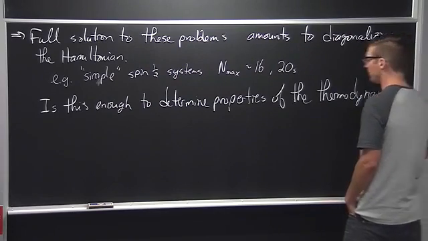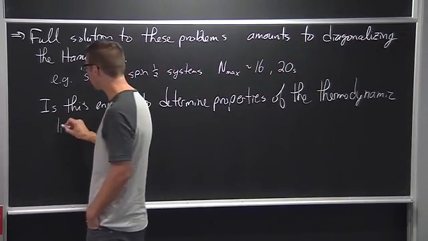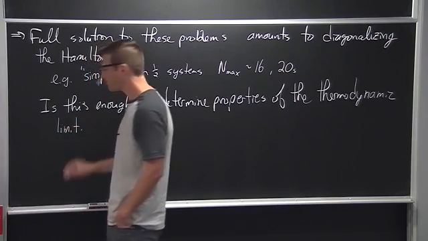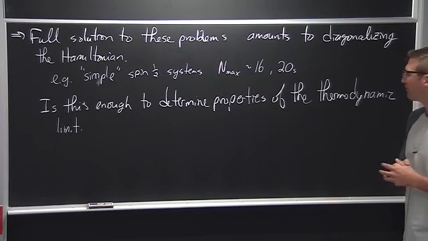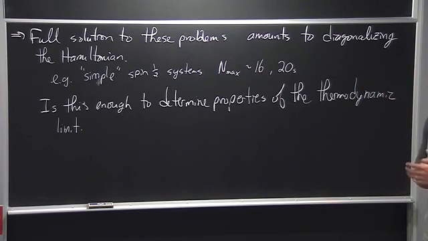So you have to ask this question: if I can diagonalize 16 spins, is that enough to determine properties of the thermodynamic limit? And typically the answer is no, although in some cases you might be able to get some rough properties of the thermodynamic limit. So this is sort of a separate question.